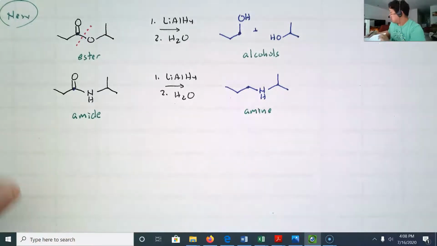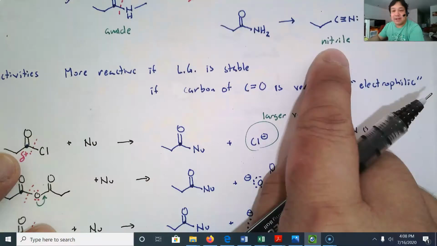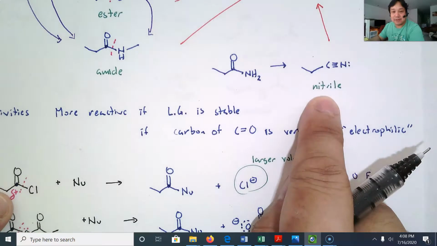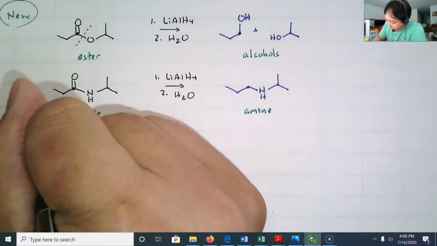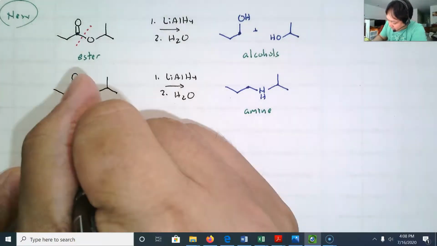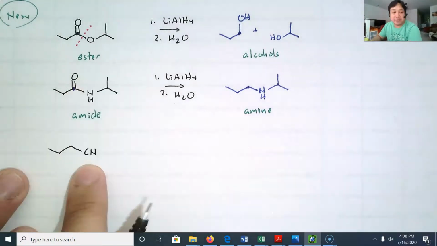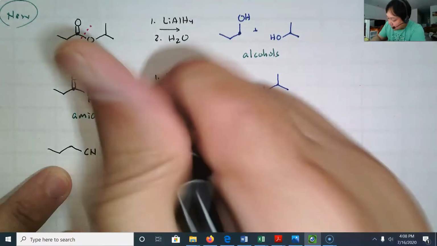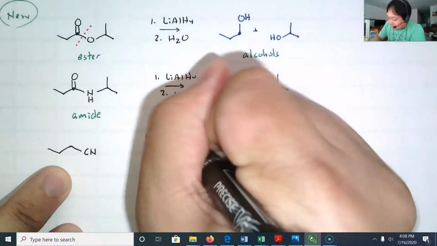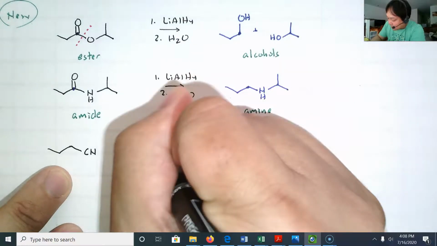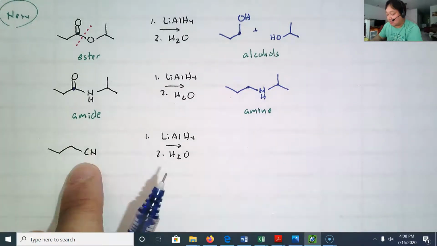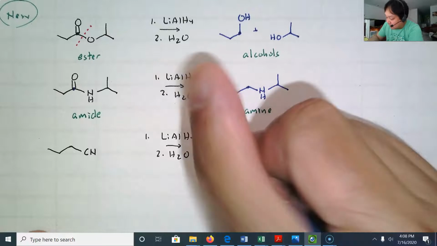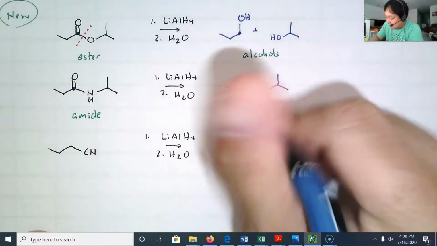I said that we're doing 3 derivatives. The last one is a nitrile. And the nitrile we can use is this. You understand that there's a triple bond there between the C and the N. LiAlH4 with 2 H2O. All you got to do is get that carbon-nitrogen triple bond into a single bond and put enough hydrogens so the molecule makes sense.